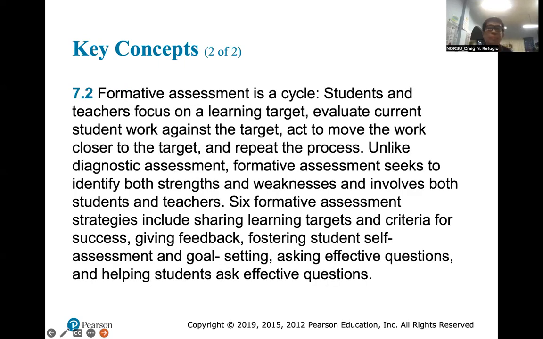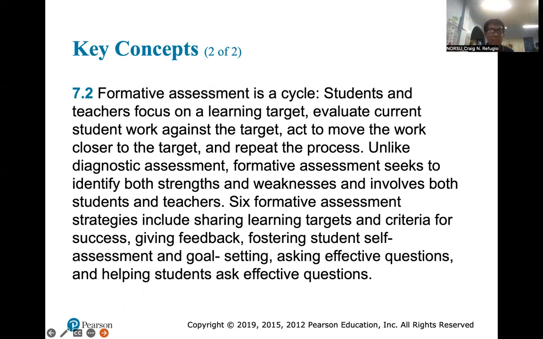Formative assessment is a cycle. Students and teachers focus on a learning target, evaluate current student work against the target, act to move the work closer to the target, and repeat the process. Unlike diagnostic assessment, formative assessment seeks to identify both strengths and weaknesses and involves both students and teachers.